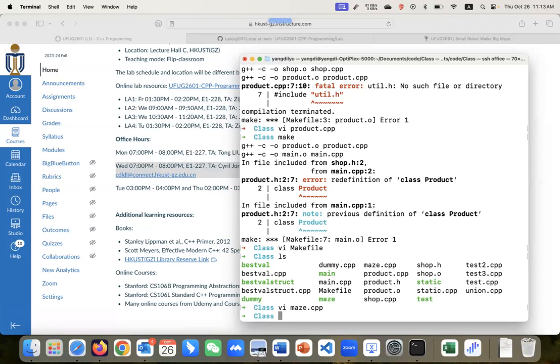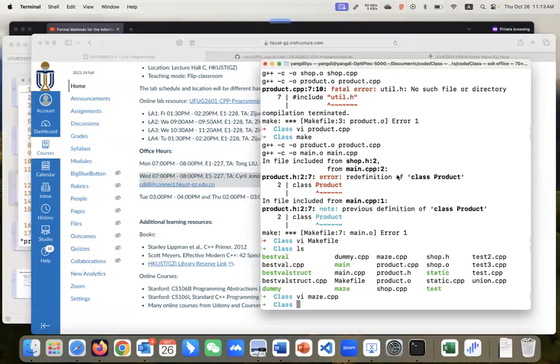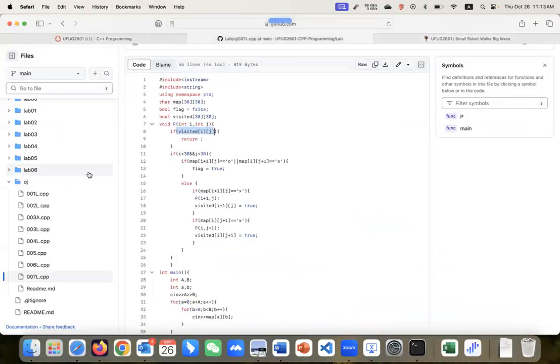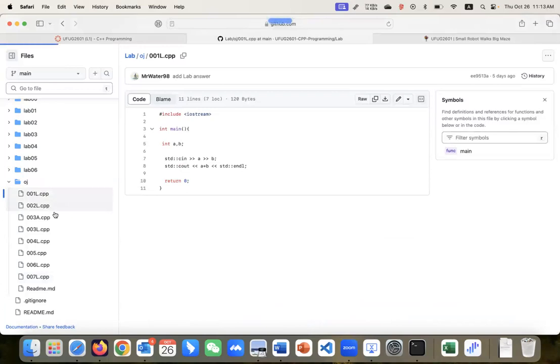However, looking at our questions in the lab, it's hard. Can we get standard answers for the lab questions? Yeah, I believe they provide them inside OJ, for lab 1, lab 2, lab 3.